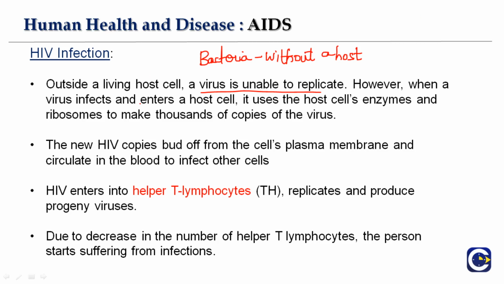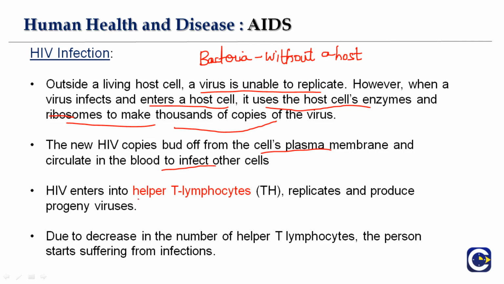However, when the virus infects and enters the host cell, it will use the host cell's enzymes and ribosomes to make thousands of copies of the virus. So this is how they multiply in number. So the new HIV copies bud from the cell's plasma membrane and they circulate in the blood to infect the other cells. So what are they doing? They are multiplying and they are infecting the other cells as well.